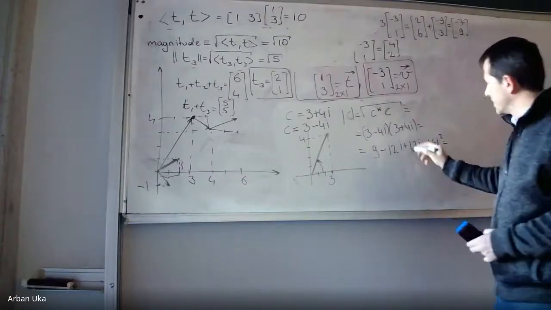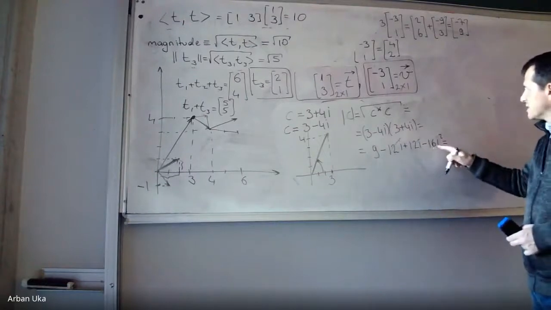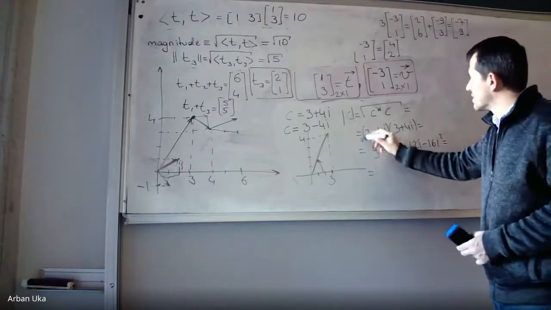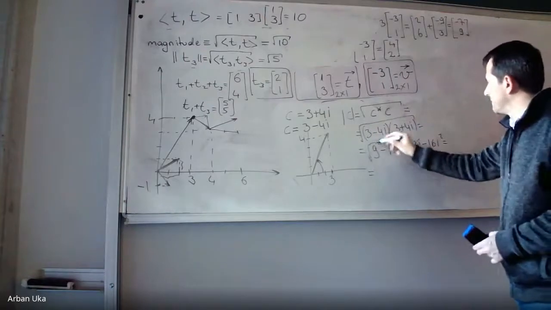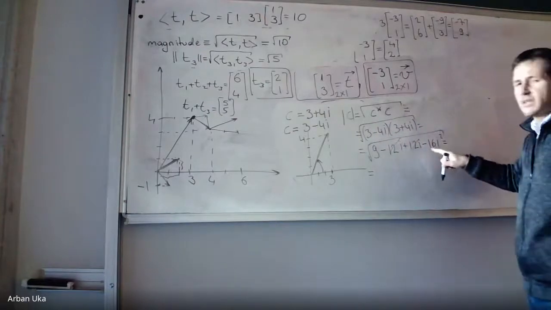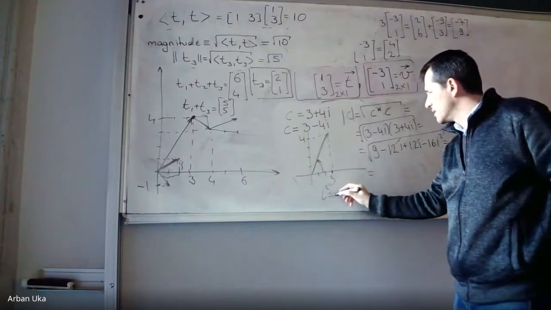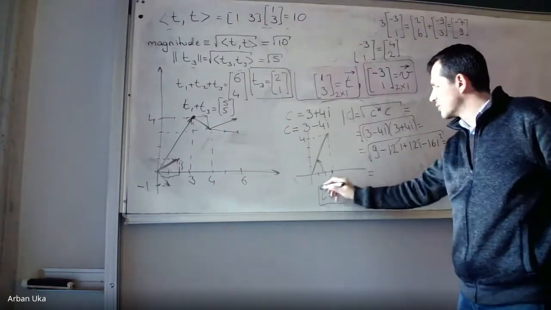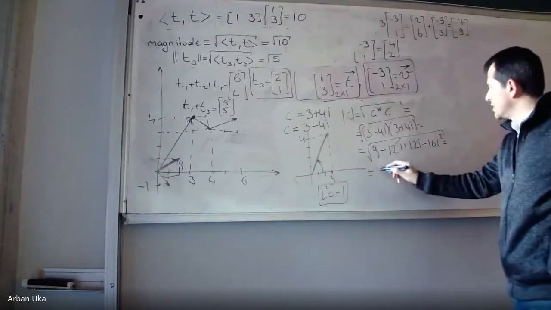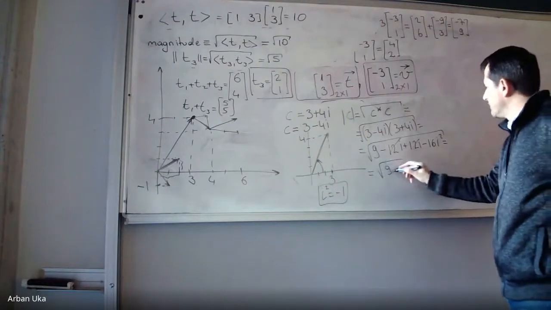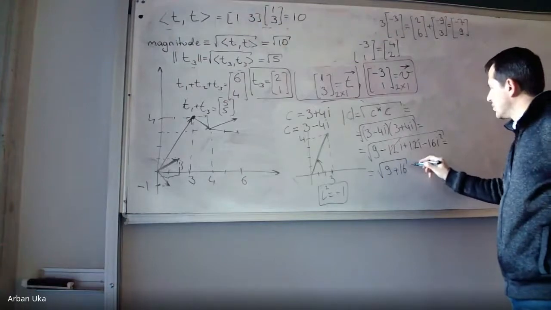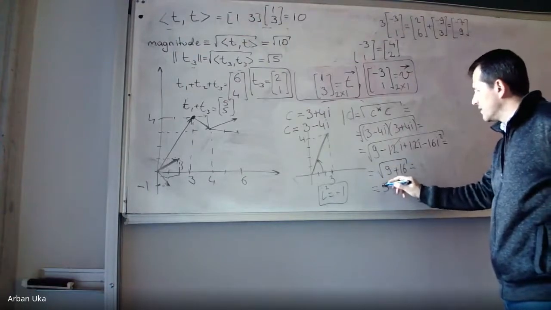The minus 12i and plus 12i cancel out, and let's not forget the square root. I squared is equal to minus 1, because that is how i is defined. So here we get the square root of 9 plus 16, and we are left with 5.